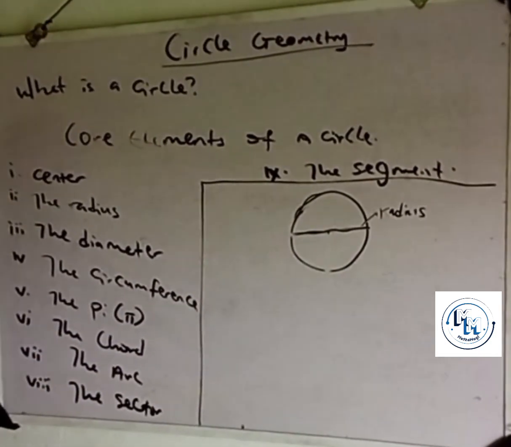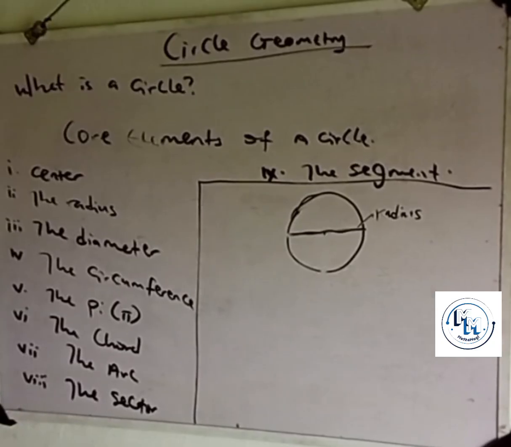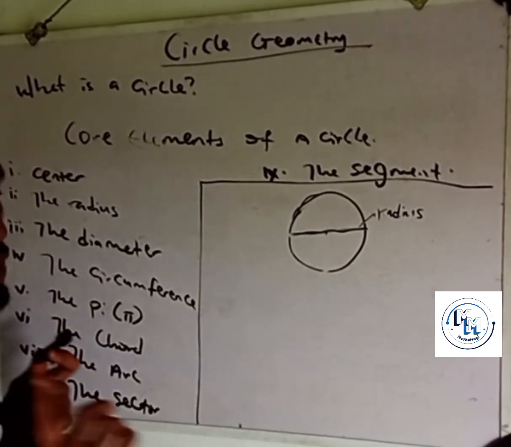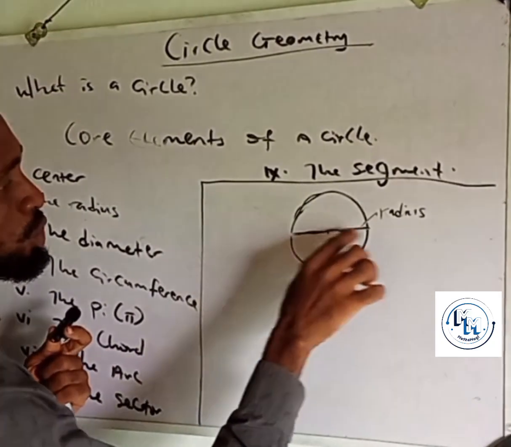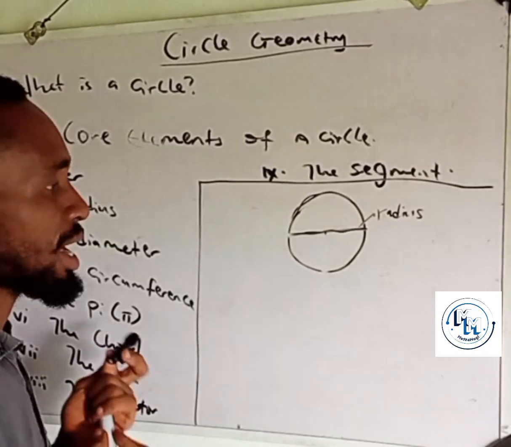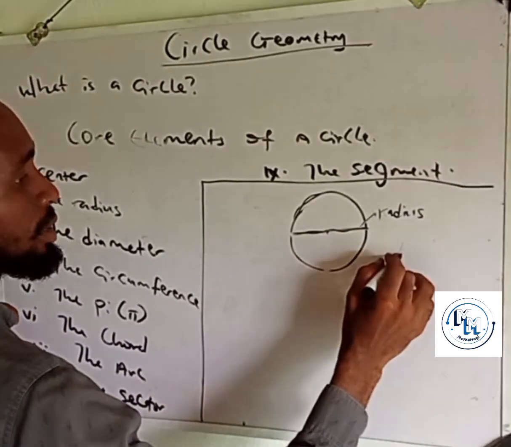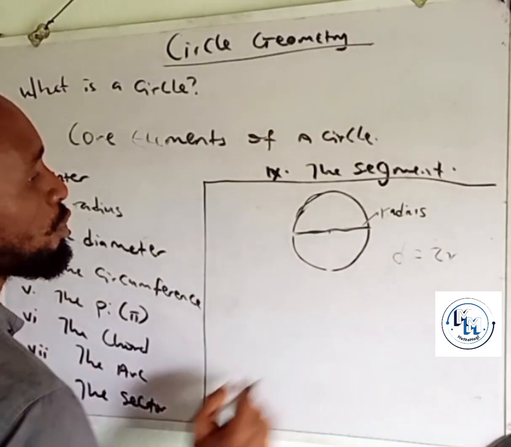It's also good to know that what makes up the diameter is 2 radius. Remember, this is a radius, this is also a radius. So a diameter is equal to 2 radius.